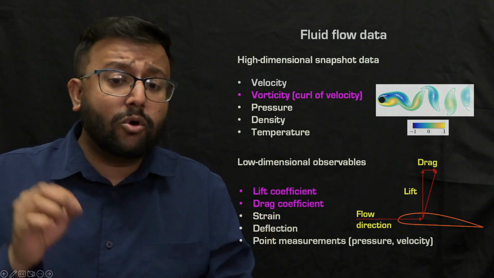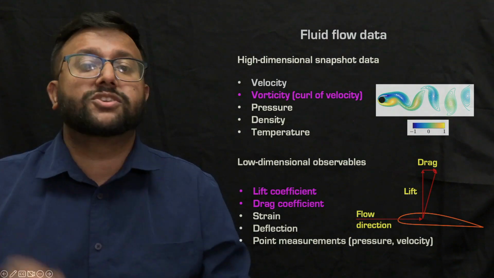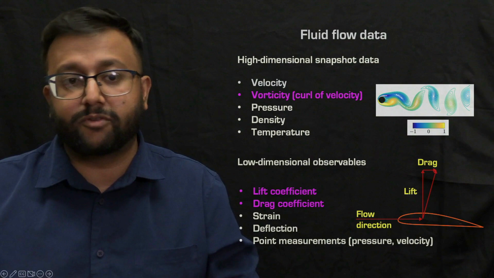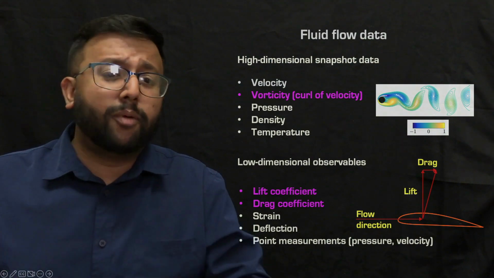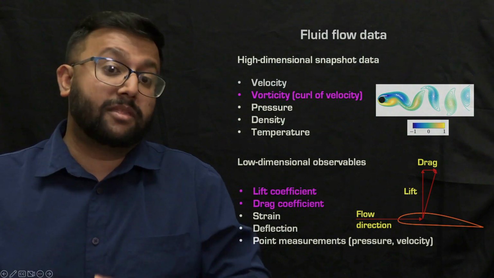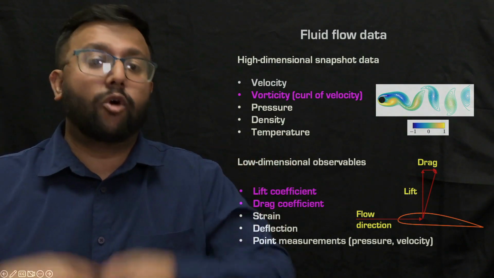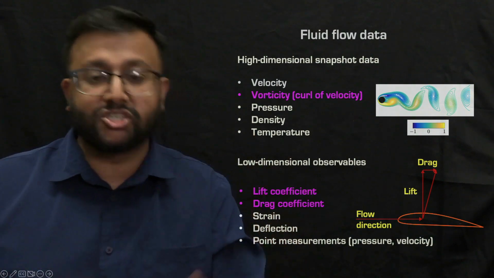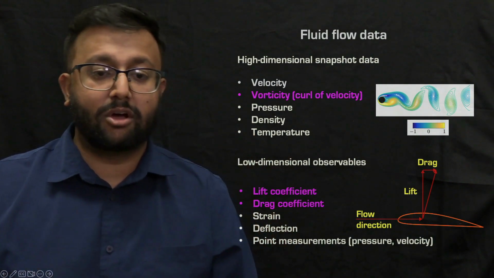We can also obtain local measurements of pressure, velocity, acoustics, and so on. So there are plenty of both local and global measurements that we can use for our data analysis, that we classify as high-dimensional or low-dimensional observables.